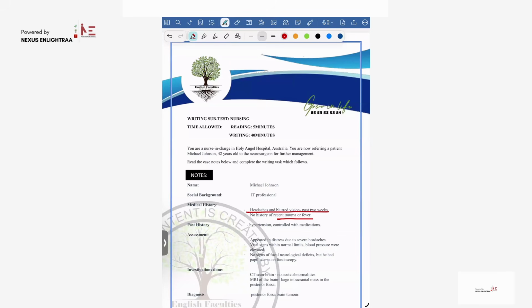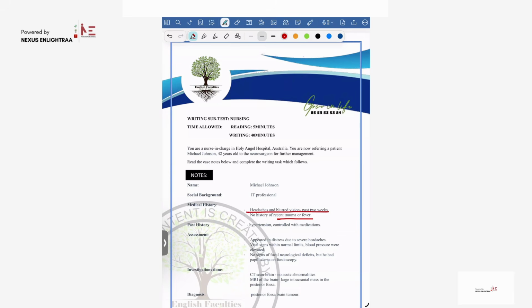Sometimes you can have this with some trauma that is related to fever. So it very clearly mentions here that there is no history of recent trauma or fever. This is the presenting complaint. That means this is the reason why the patient came to hospital.